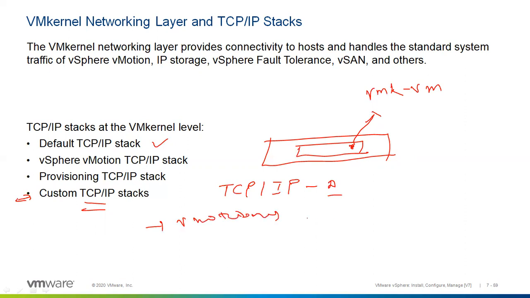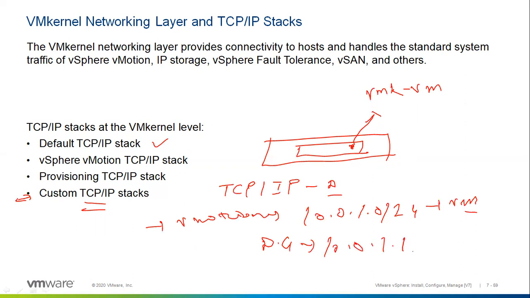It means I have created a separate subnet, for example 10.0.1.0/24, especially for the vMotion network, and for this subnet 10.0.1.1 would be my default gateway. If I am using a separate TCP/IP stack for vMotion purposes, then we have to override the default TCP/IP stack setting, and override the gateway IP address that we are using for vMotion.